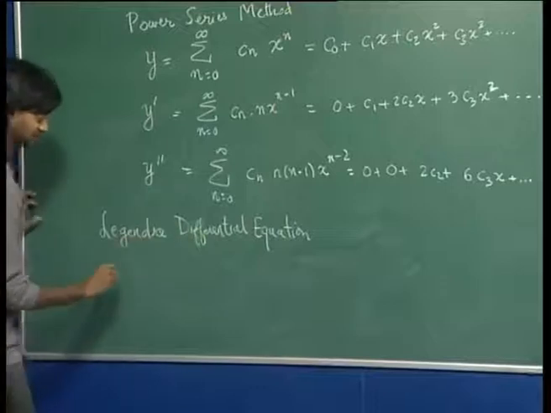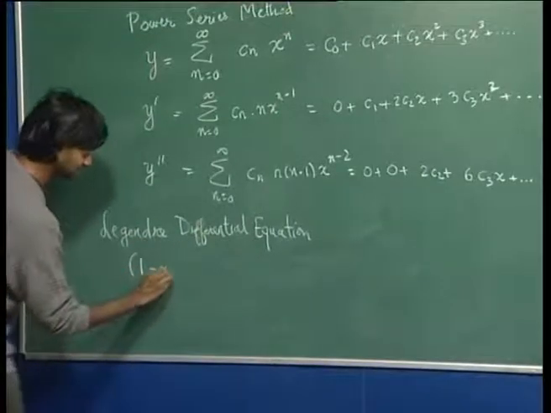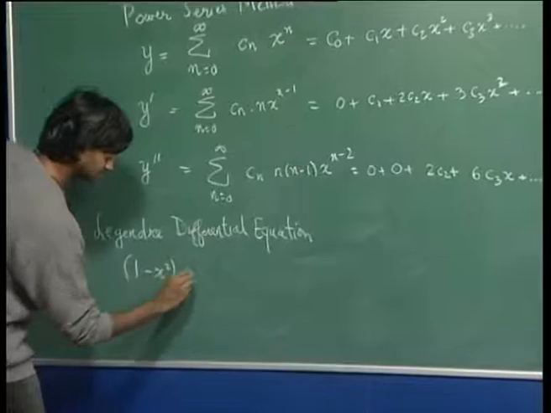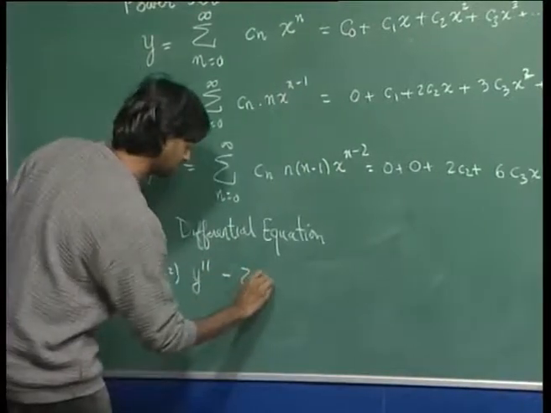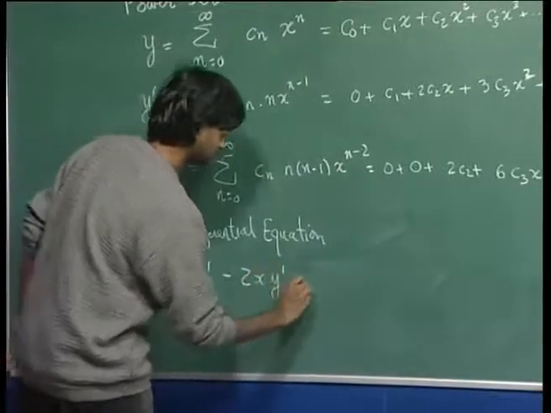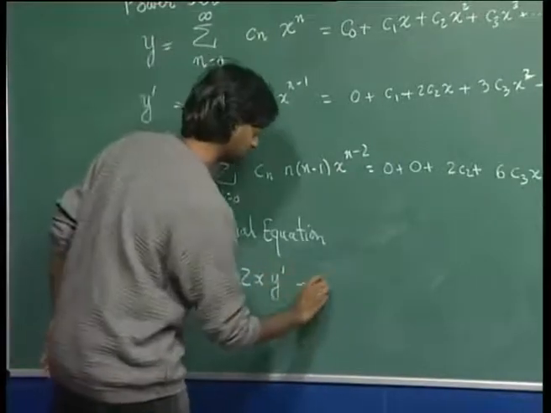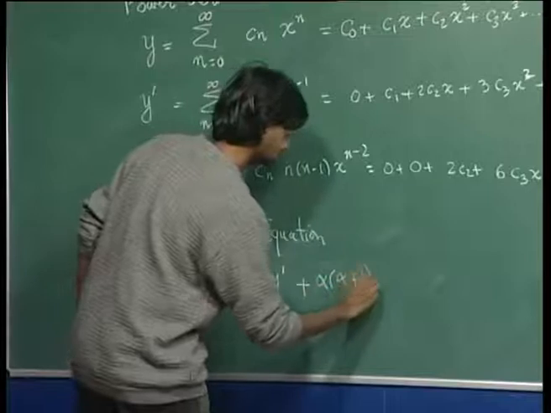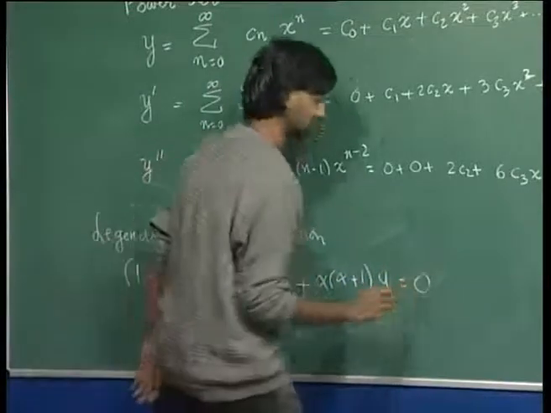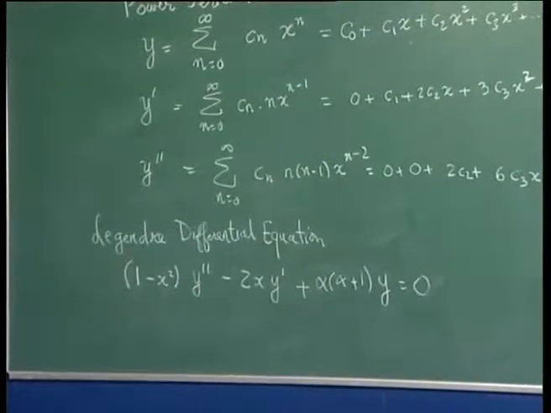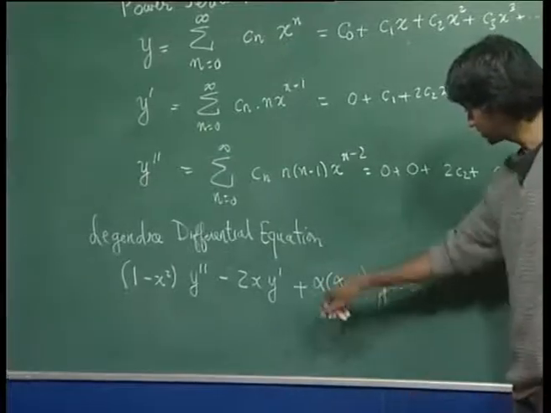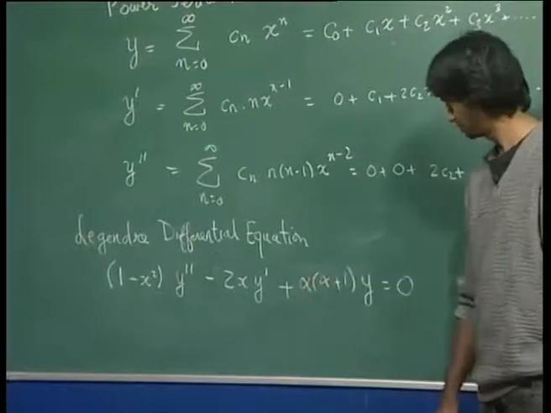So, the form of the Legendre differential equation is (1 minus x square) y double prime minus 2 x y prime plus alpha (alpha plus 1) y equal to 0. Okay. So, the interesting cases are when alpha is an integer, okay.